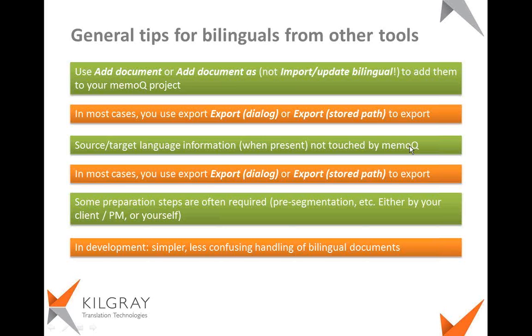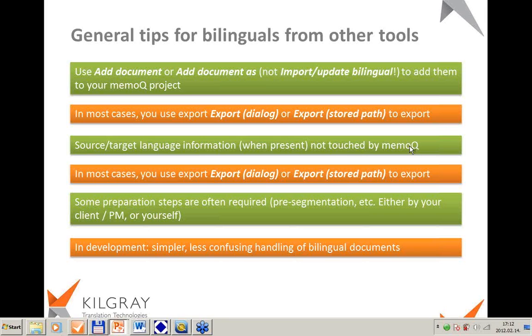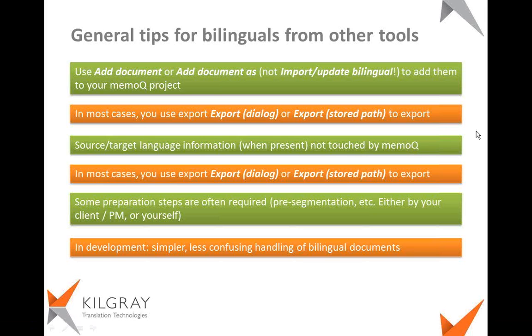This is important because Trados and Wordfast and MemoQ more or less support the same languages, but still it is not exactly the same because, for example, Trados refers to German as Germany, while MemoQ has a plain German in the list of supported languages as well. So there's a difference in approach because Trados always includes the locale information in the languages, and MemoQ only includes the locale if it is required for clarification.